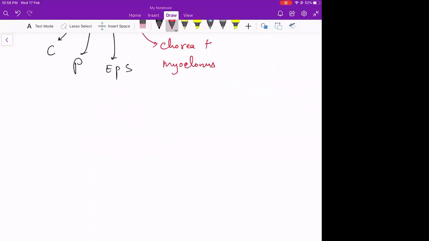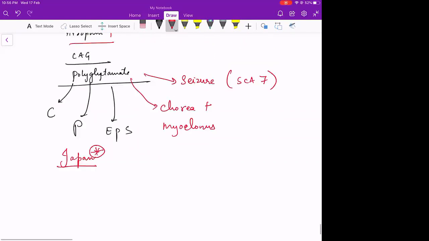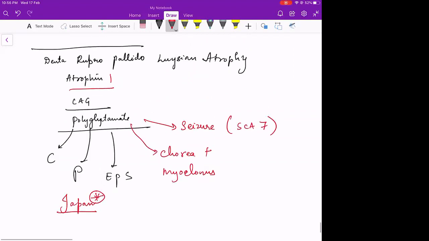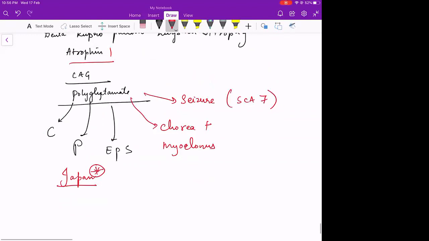And it is prevalent in Japan. This dentatorubropallidoluysian atrophy also has the genetic anticipation property.